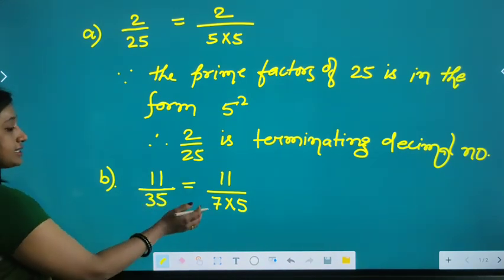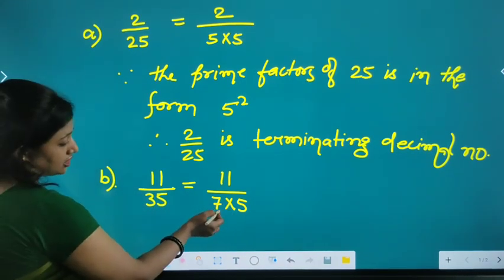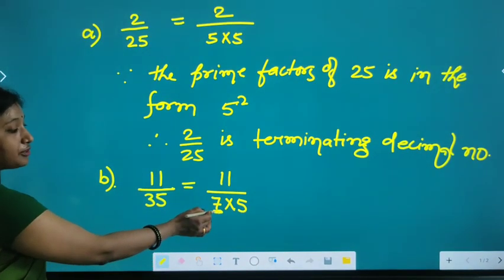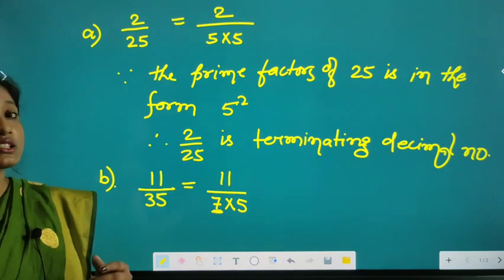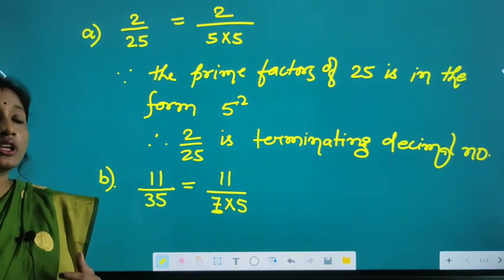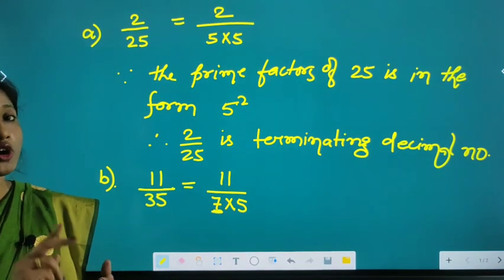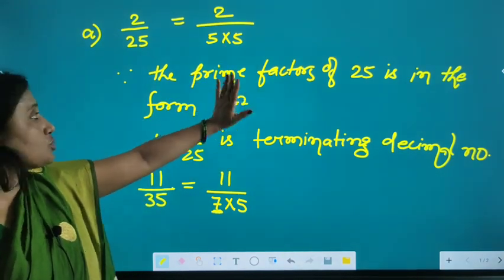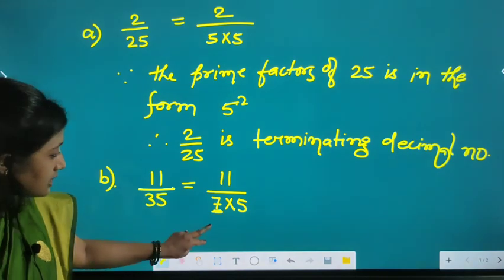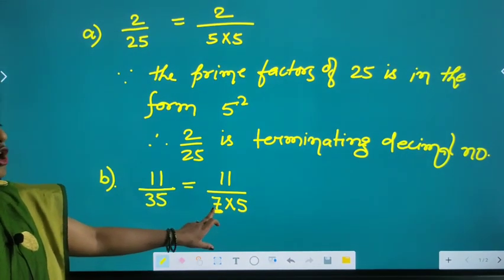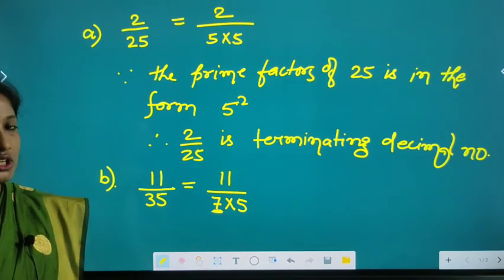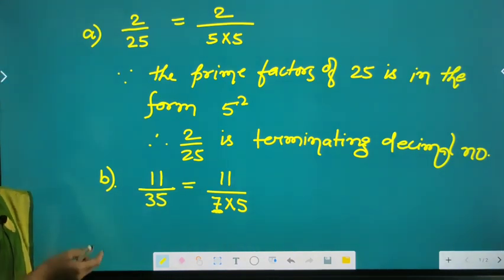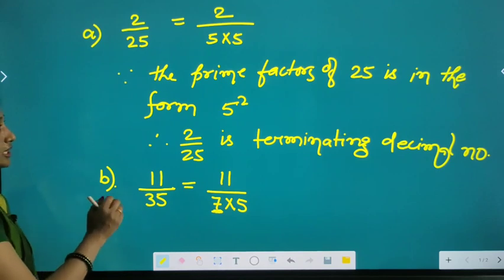The prime factors of the denominator 35 contain 7 also. The statement I wrote says it should contain only 2 or 5 or 2 multiply 5. Here it was only 5 in the earlier example, so it was terminating. But in this question we have got 7. 7 is also present, so this number will not come under the category of terminating. That means this number will be non-terminating.